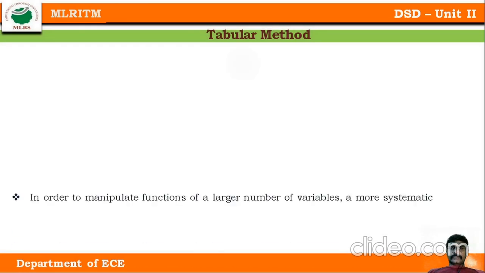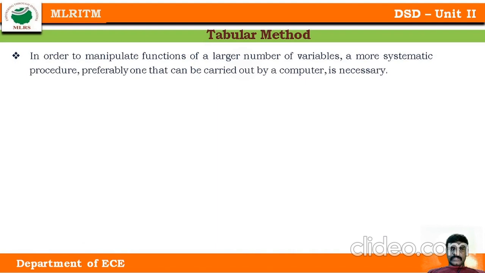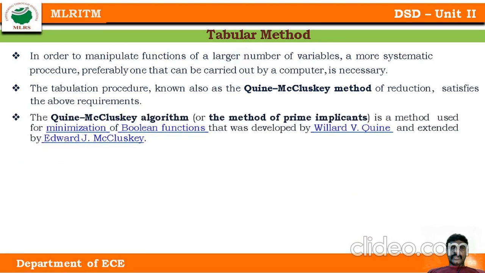In order to manipulate functions of a large number of variables, a more systematic procedure, preferably one that can be carried out by a computer, is necessary. The tabular procedure, also known as the Quine-McCluskey method of reduction, satisfies these requirements.